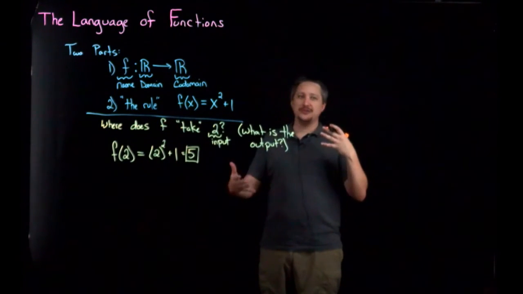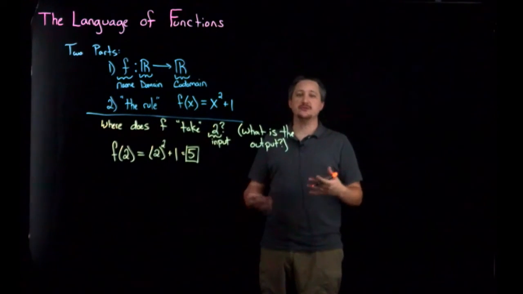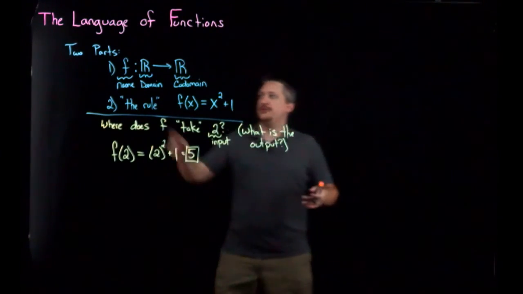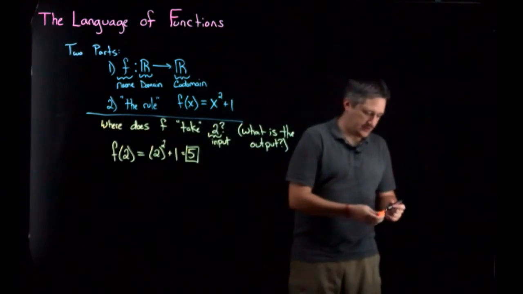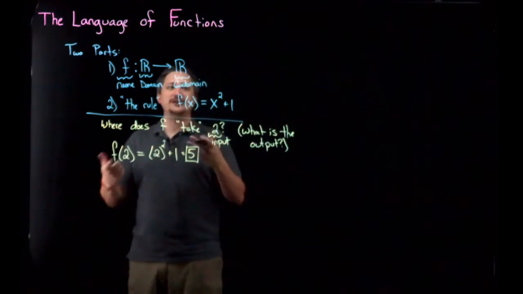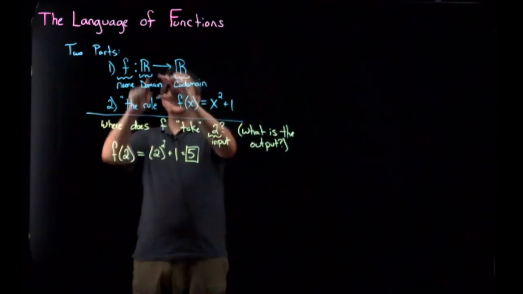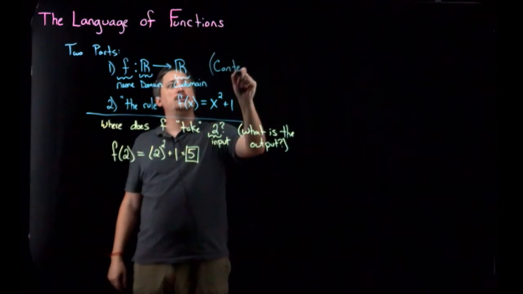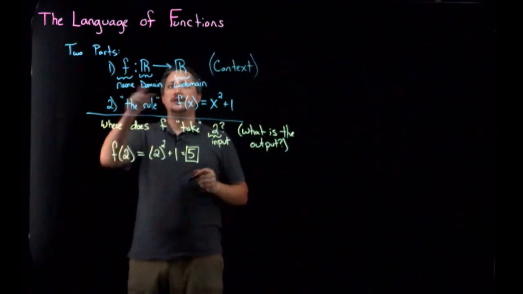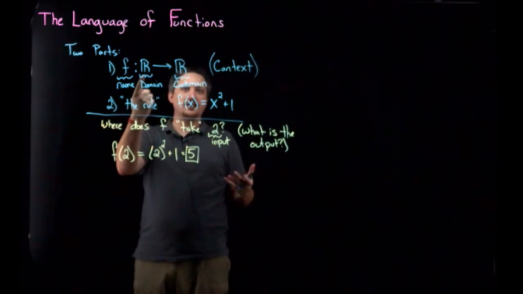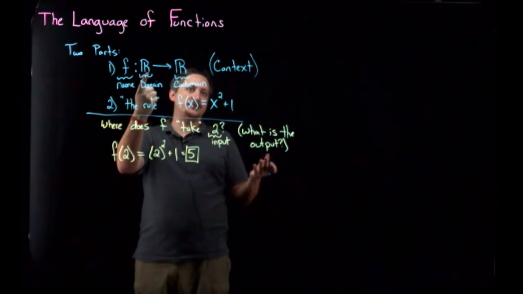So this is the language of functions, the way we write functions. Remember, we need both context and rule. This first thing, if you remember when we first introduced functions, we said they were a relation, a rule, with context. That's what this first thing is. It tells us what is happening. What's the domain? Are they blue cars in a parking lot? Are they numbers? Are they fruits in a particular orchard?